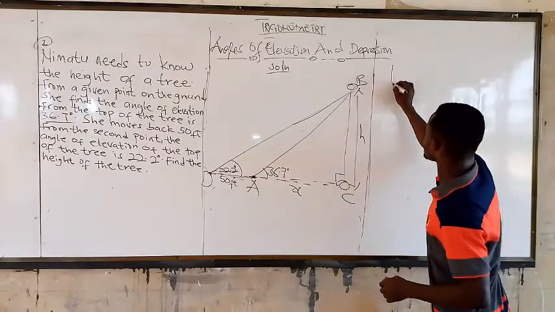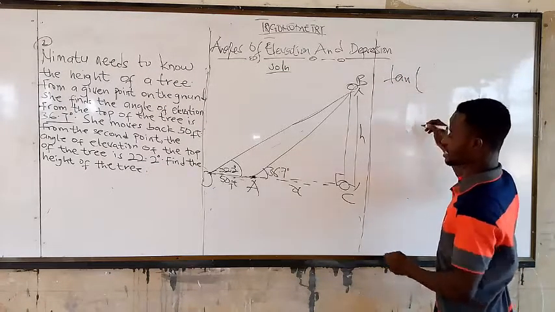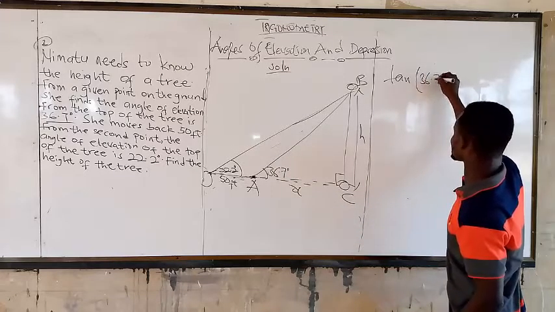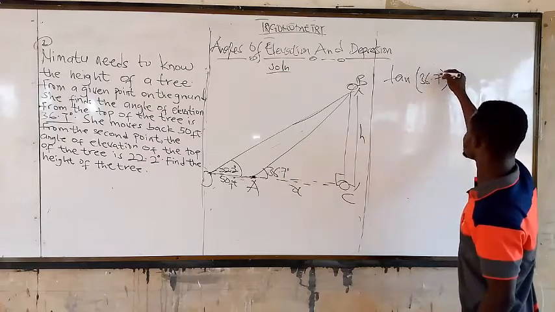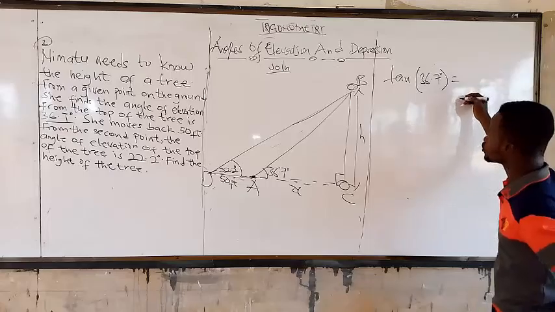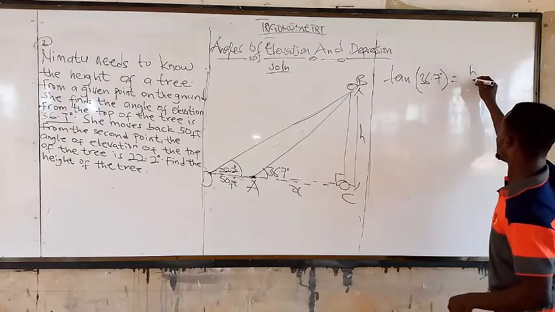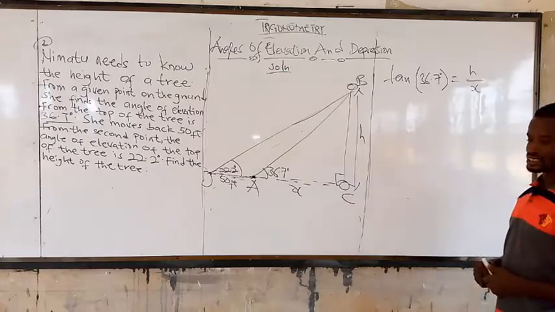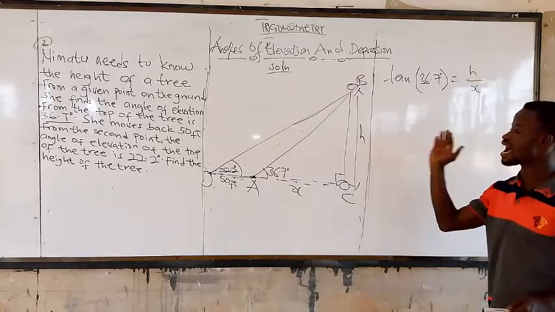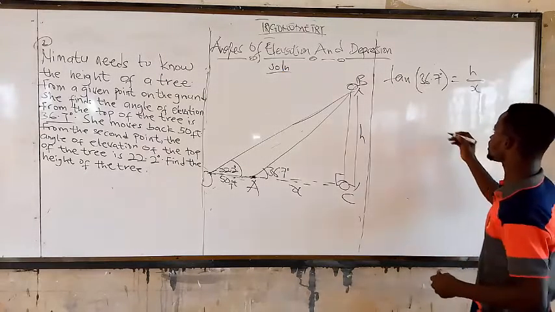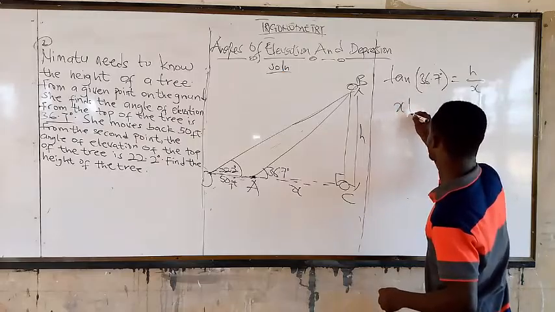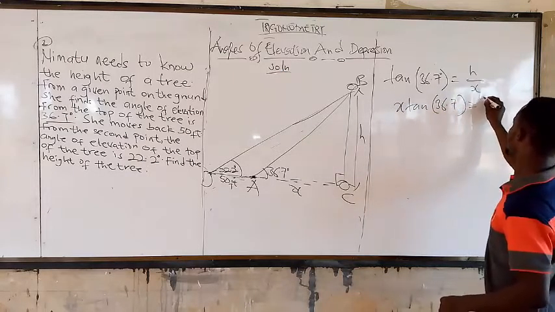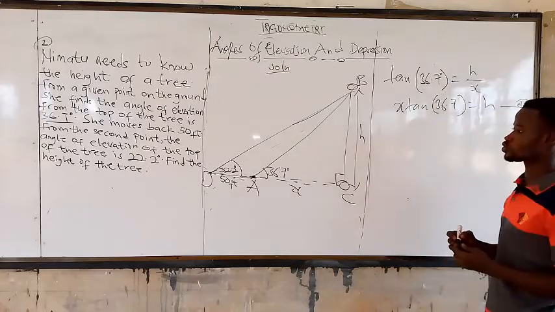You know that, taking this as a reference angle, tan 36.7 degrees is equal to h over x. Hope you can see that. Don't forget also that they are having the same height. So here the height is going to be this. Let's name this equation 1.